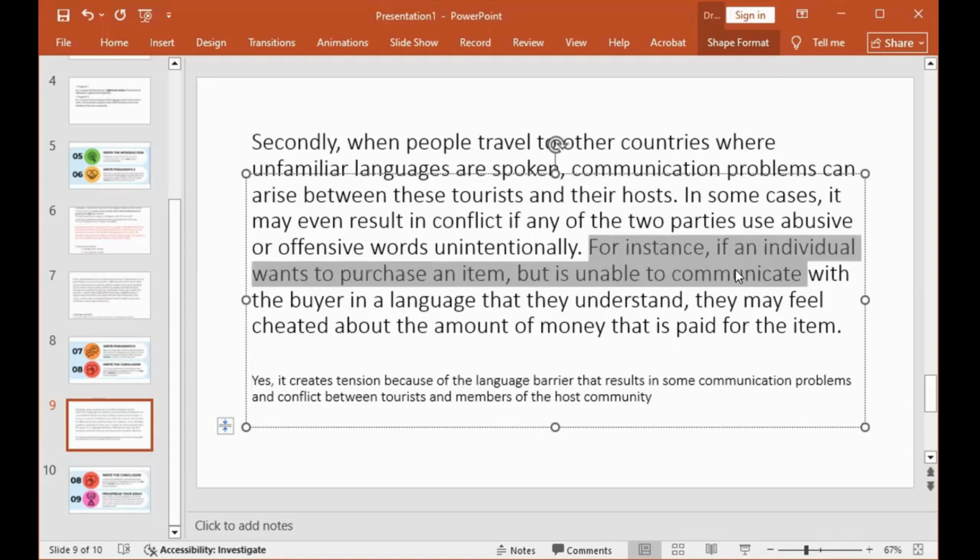For instance, if an individual wants to purchase an item, so let's remove this word "an individual" and change it to a tourist. If a tourist wants to purchase an item but is unable to communicate with the buyer in a language that they understand, they may feel cheated about the amount of money that is paid for the item.